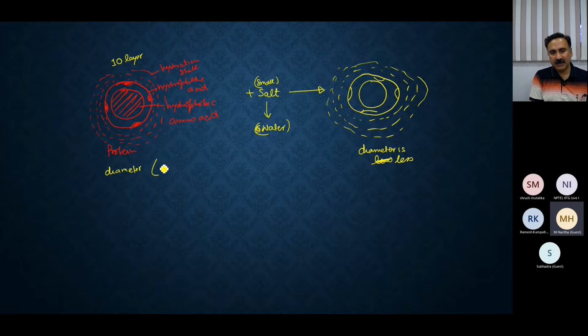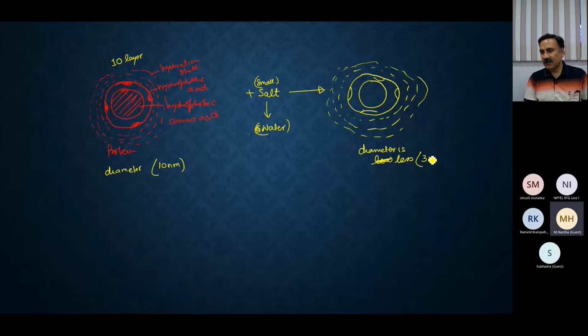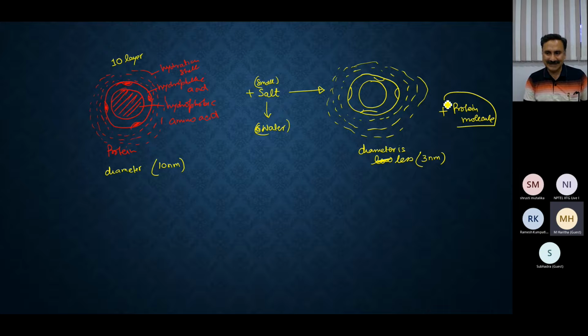Just for the sake of understanding, suppose the diameter of the protein with the hydration shell is 10 nanometer, and if this is 3 nanometer, this means you have reduced the volume the protein is going to occupy. If that is the case, you can add more protein molecules and they will also get solubilized. And this phenomenon is called the increase in solubility.